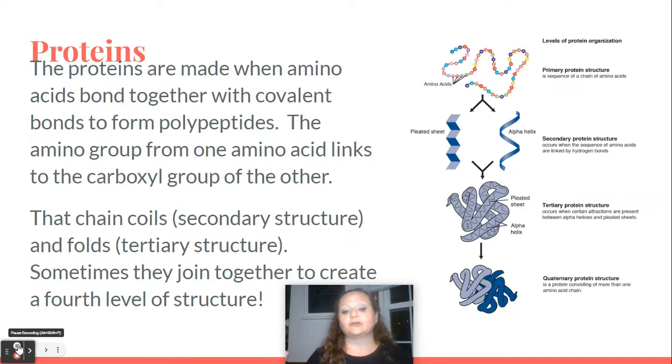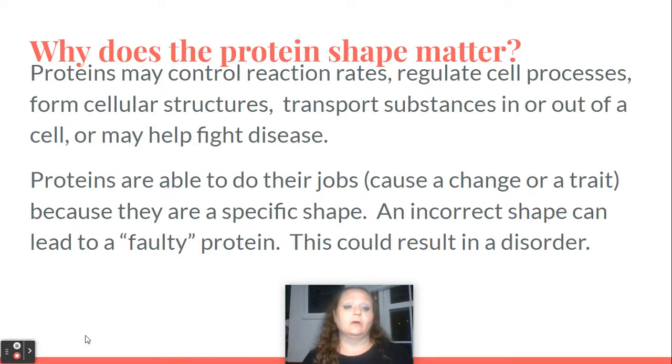This is what gives us our traits. And if the shape is incorrect, then it's not going to work. They control reaction rates, they regulate cell processes, they form structures. If there is a change in the shape of the protein, it's a faulty protein, and it can result in a disorder. We get this usually by having a problem in the DNA. So this is where mutations come in. This is when we talk about genetic disorders.